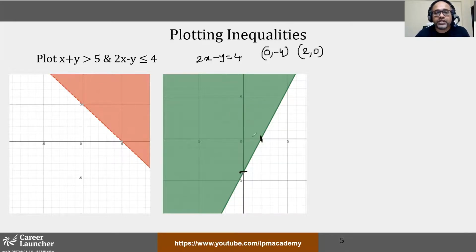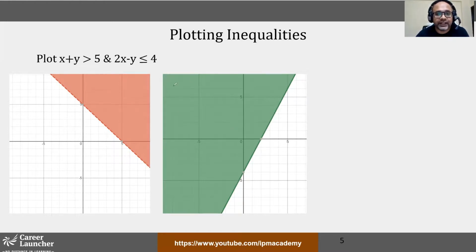Now I want to see whether side A or side B is my answer. So I will take 0 comma 0, which is in my side A, and I will put 0 minus 0, less than or equal to 4. It is true. So side A is the true side, and therefore you can see that my side A is colored in green. So this is my answer for the second part.